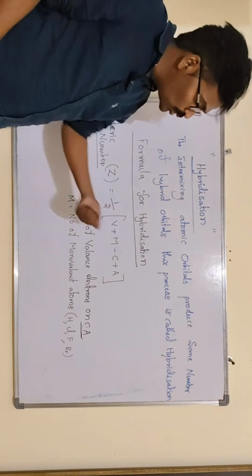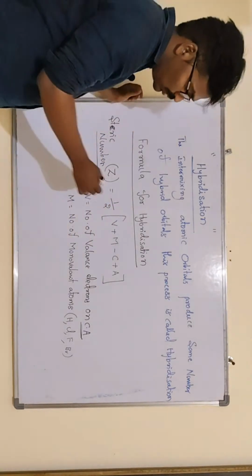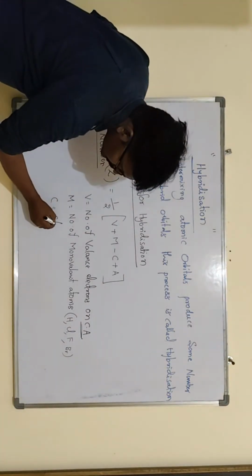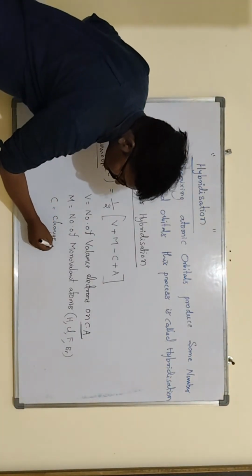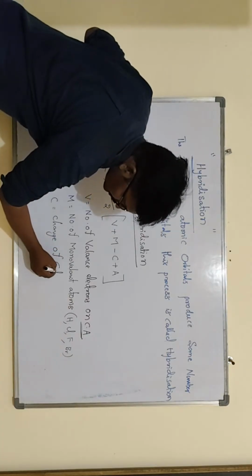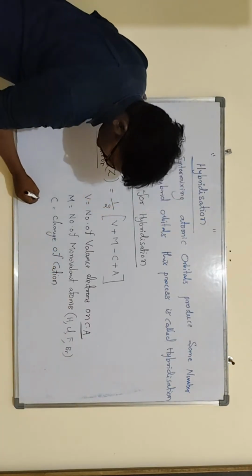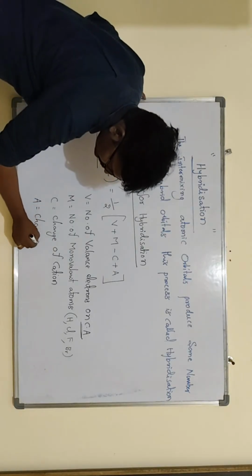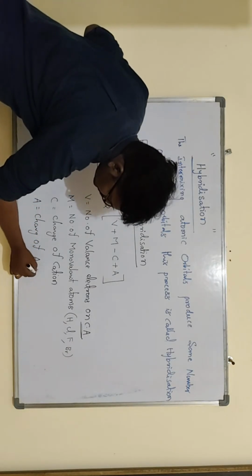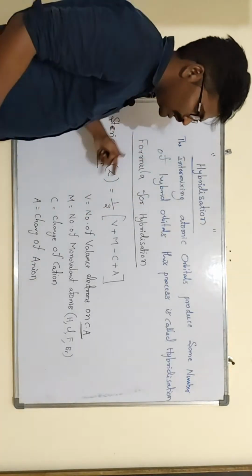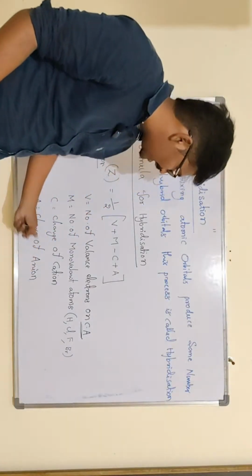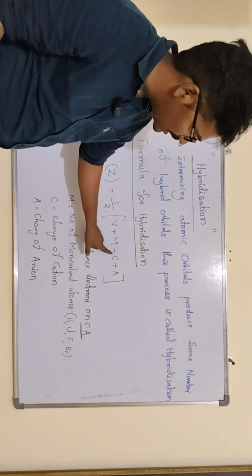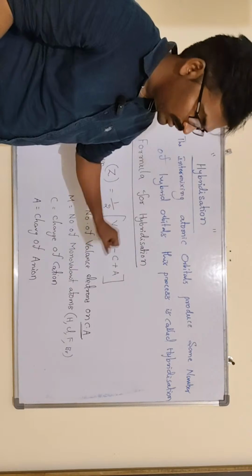C is the charge of the cation, and A is the charge of the anion. For anion charge, we add the negative charge, so plus A. For cation charge, we subtract, minus C.